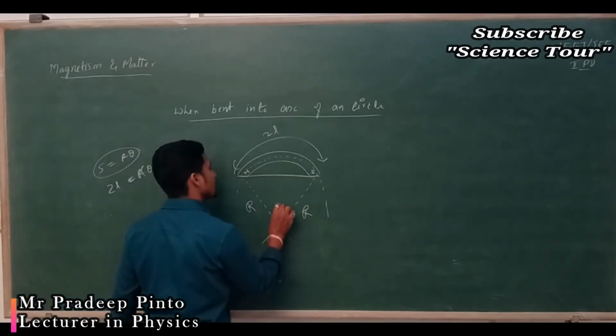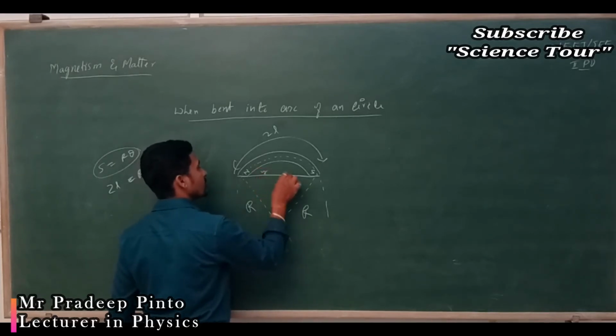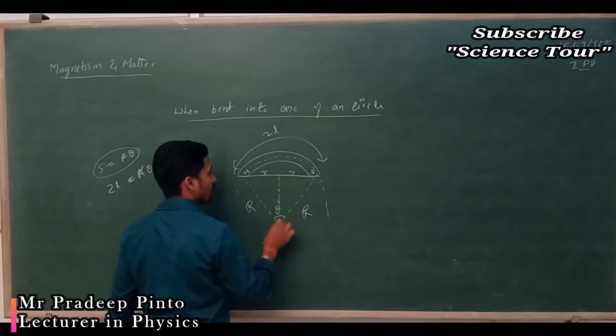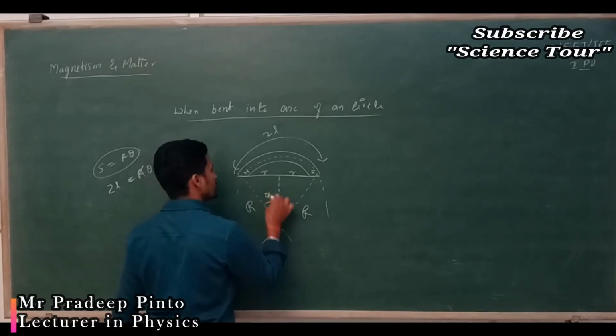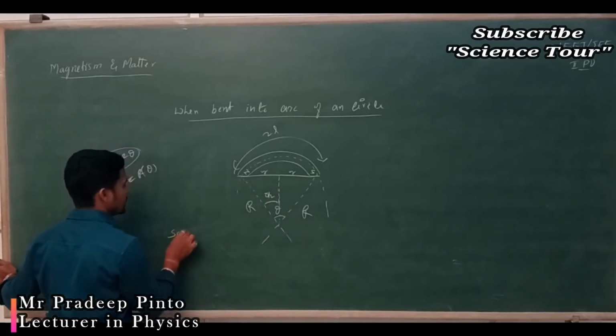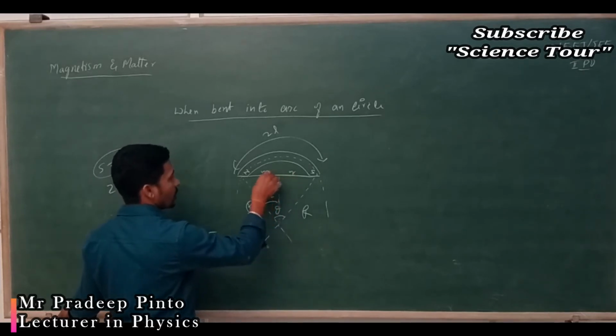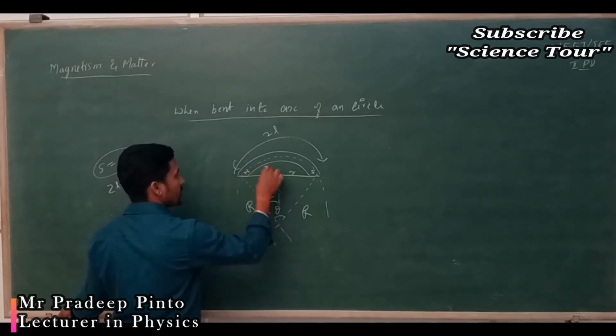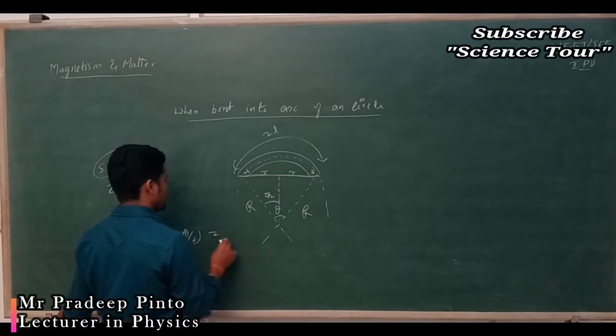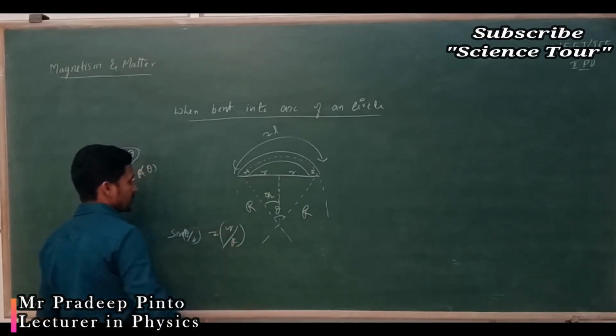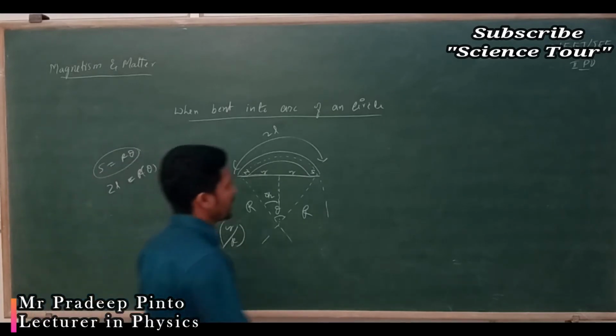Now I will take the perpendicular for this, writing this as y and this as y. This angle becomes theta by 2. Sine theta by 2 is nothing but opposite by hypotenuse, y divided by hypotenuse, which is y by r. Now what is the magnetic moment?